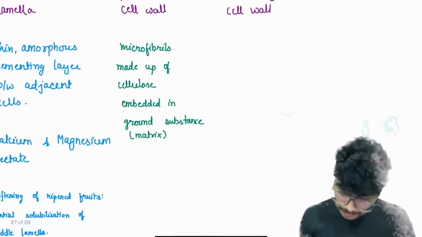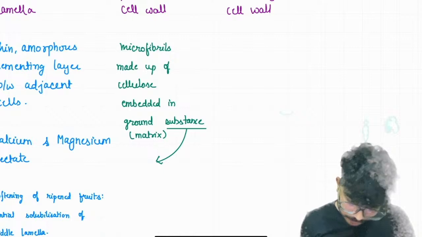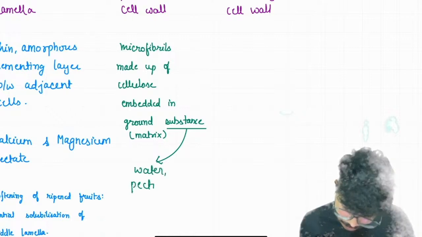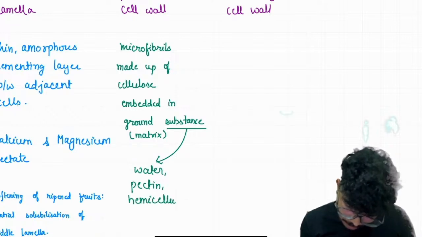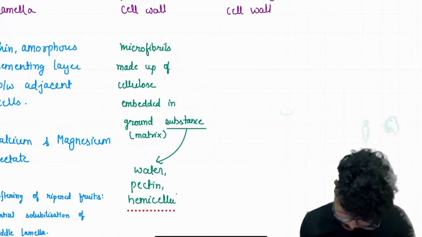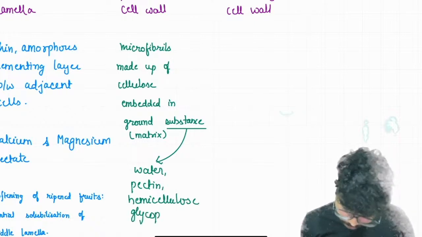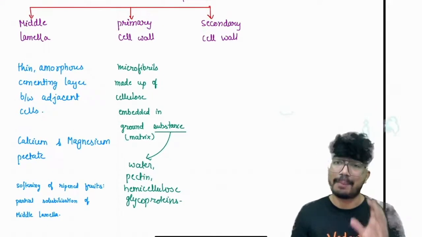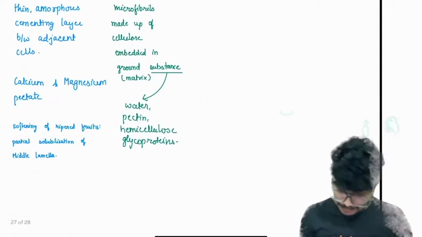So this matrix is going to be made up of first water, the very major component, second pectin, hemicellulose, and proteins, especially glycoproteins. And one very important point: the primary cell wall is capable of showing growth.